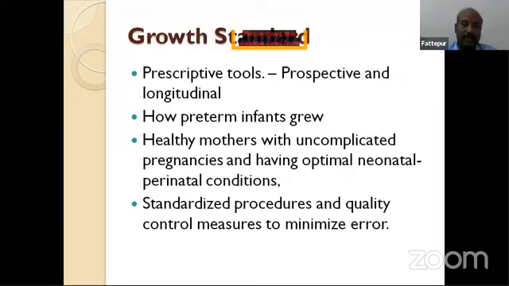They have taken healthy mothers and healthy babies, and ruled out all the factors which will affect the baby's growth, like intrauterine growth retardation, PIH, gestational diabetes. Those mothers were ruled out, and after birth, even babies with diseases like NEC or sepsis, which affect growth postnatally, were also ruled out.